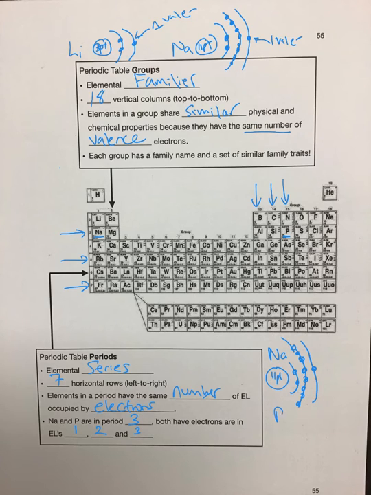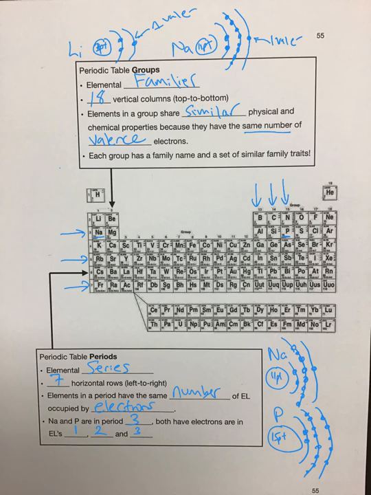Where phosphorus, a little bit bigger atom, has 15 protons, so its atom has 15 electrons, 2 in the first. It has 8 in the second energy level, and its last 5 electrons are in the third.